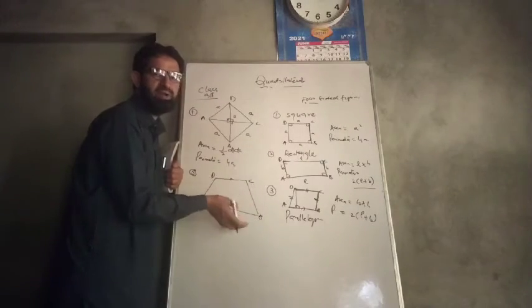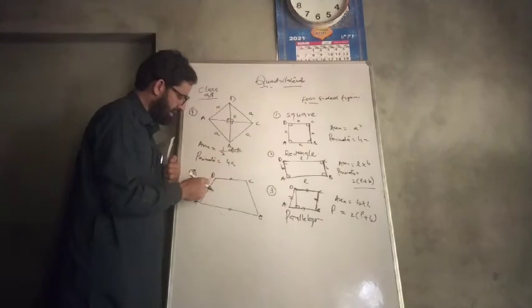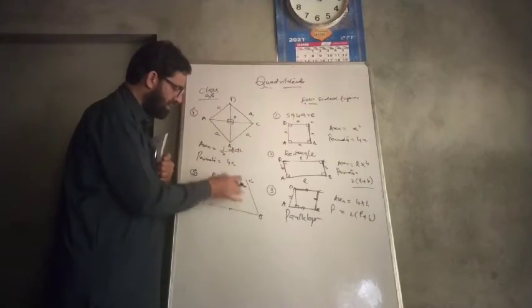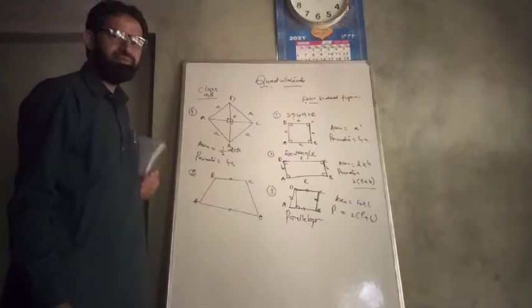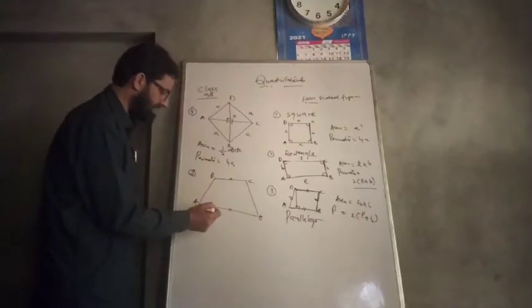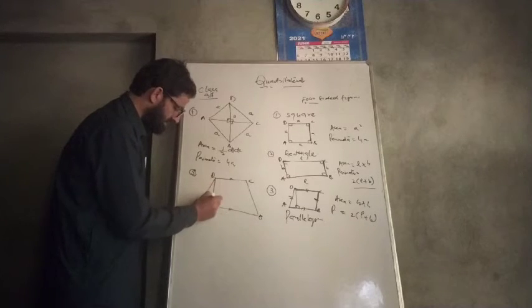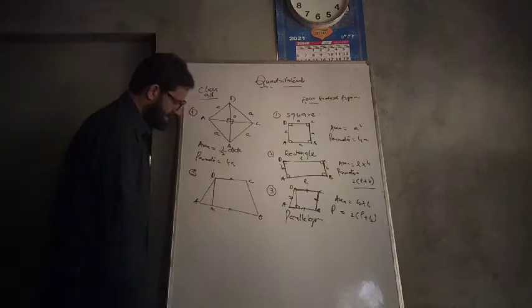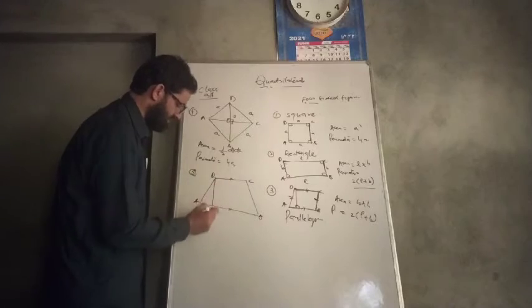Non-parallel means when you produce them, they will meet each other. BC is produced somewhere here and AD here, and they will intersect. This pair of sides is non-parallel, and this is parallel. Parallel means the sides which will never meet. These are called parallel sides. Suppose DM is the height of this trapezium. This is called a trapezium.